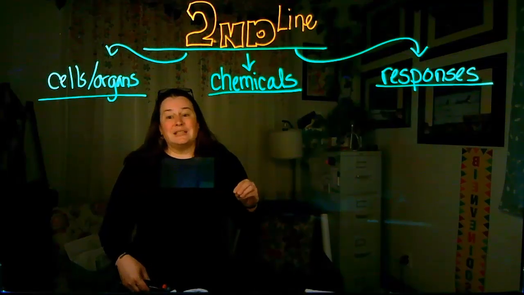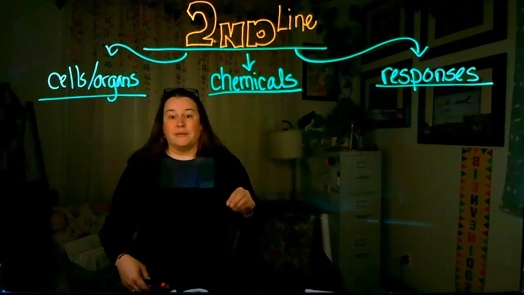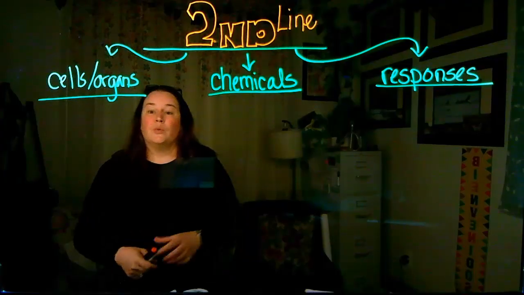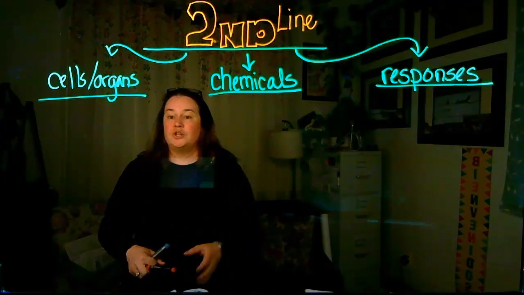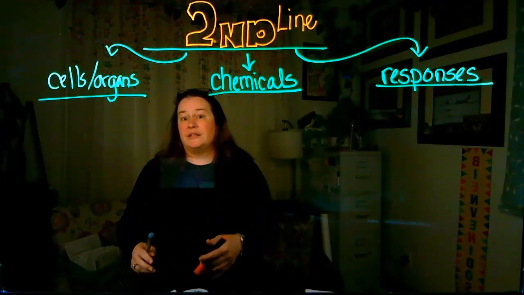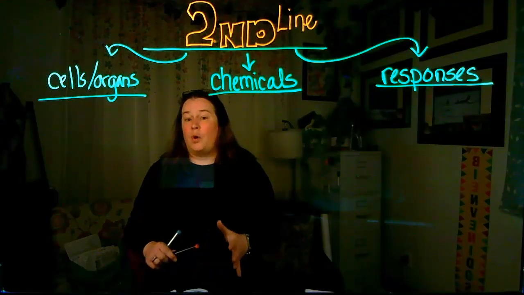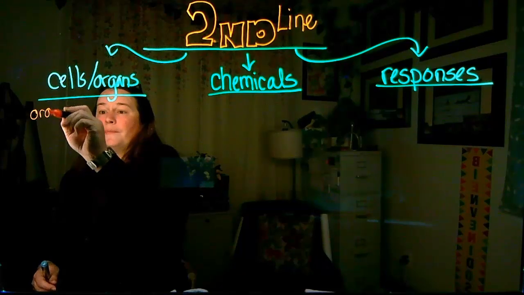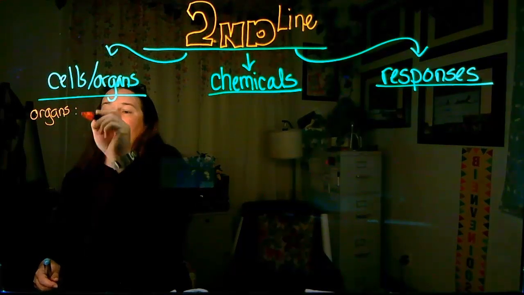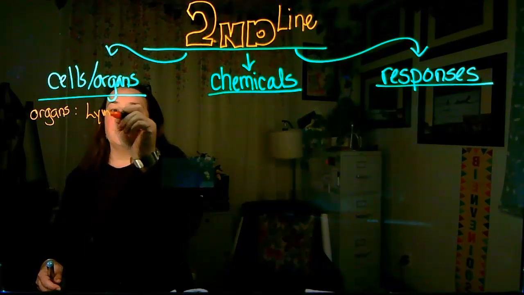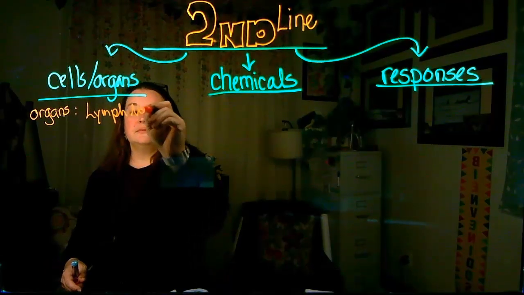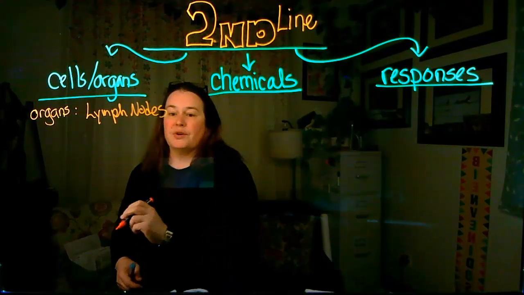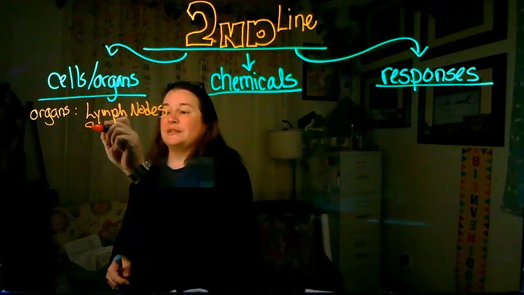So let's think about the components of the second line of defense. All right, we're going to do the second line of defense in orange. And the first thing I'm going to do is highlight some organs that play key roles in the second line of defense. So our key organs are going to be structures like lymph nodes. We're also going to see key structures like the spleen.